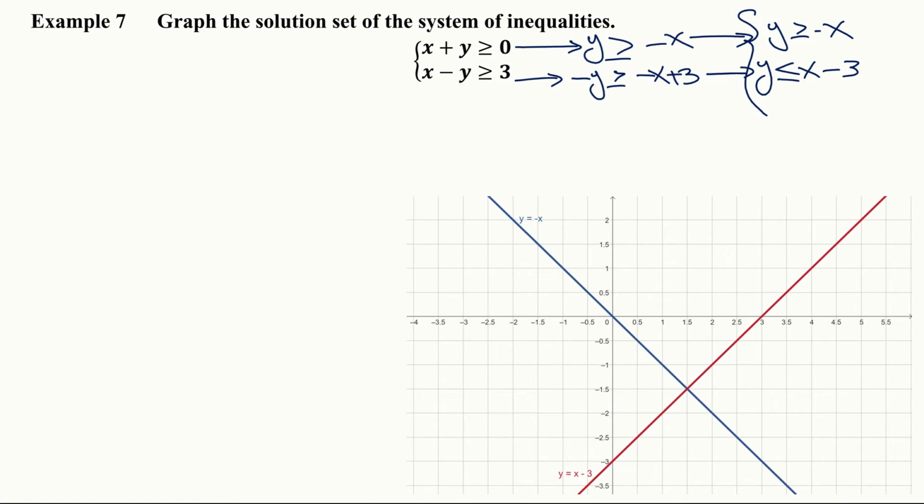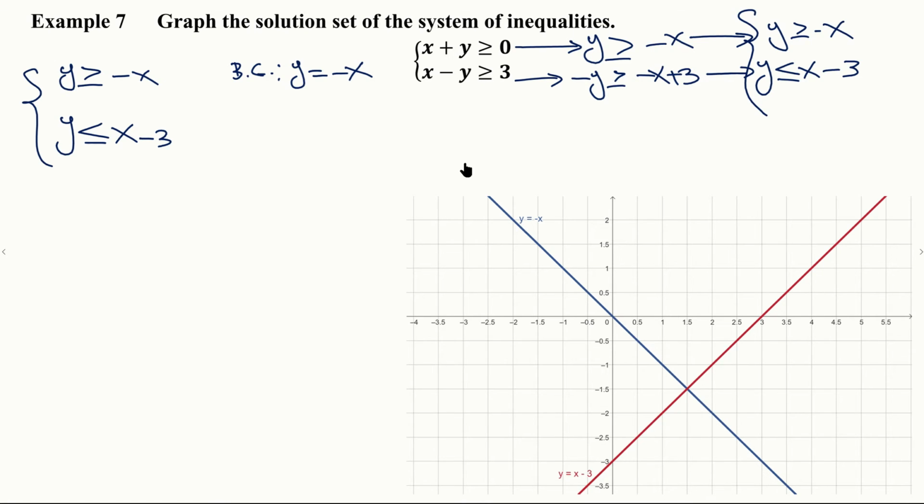All right, so basically, let me write them here. We have y greater than or equal to negative x, y less than or equal to x minus 3. So the boundary graph for the first one is the line y equals negative x, right?